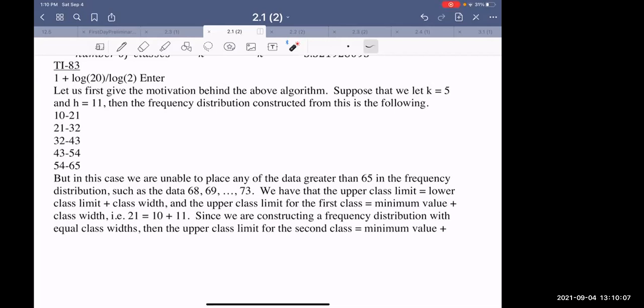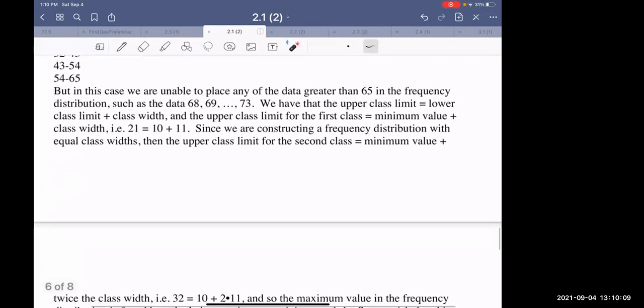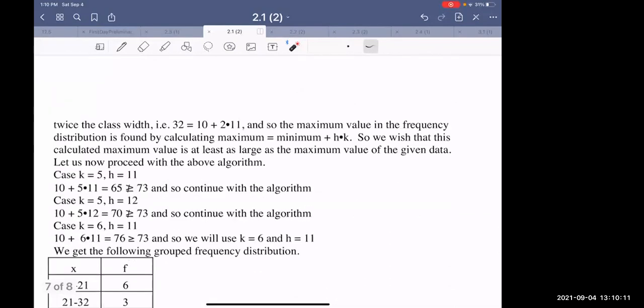And so we want the maximum here should be less than or equal to the smallest number plus h times k.